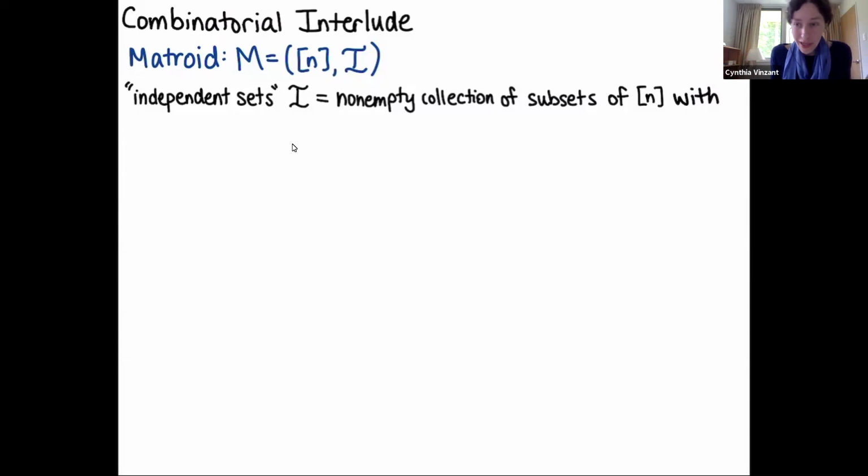Matroids are a combinatorial object that tries to model various types of independence. There's a formal definition that I'll give. It's fundamentally a ground set, which I'm going to take to be the numbers 1 through n, and a collection of independent sets, which is just some collection of subsets of 1 through n satisfying something.